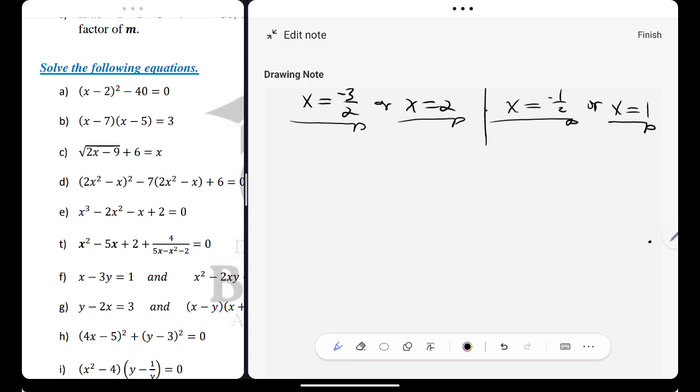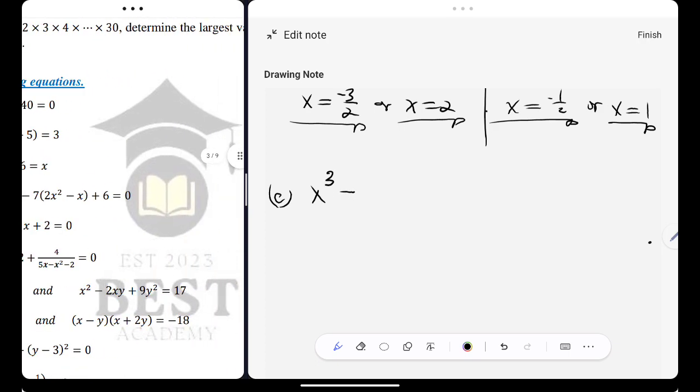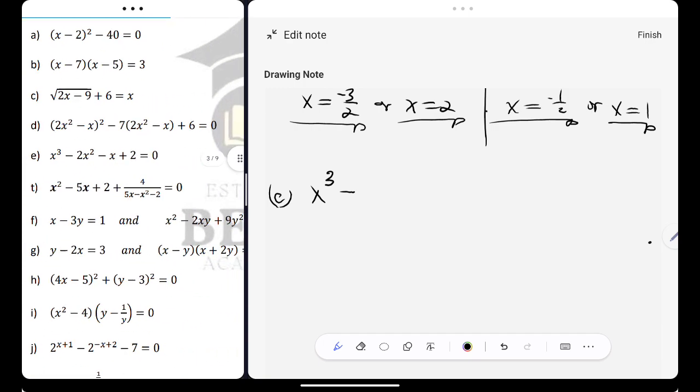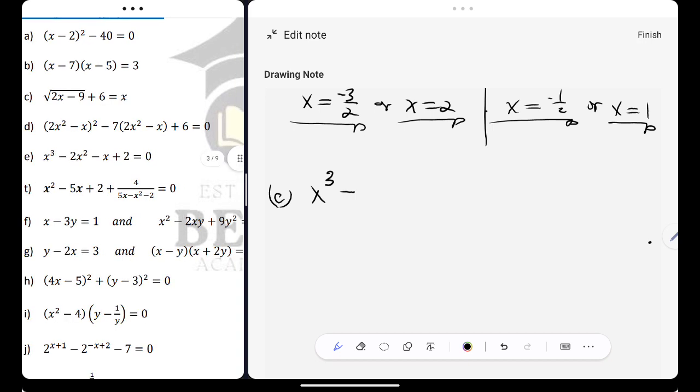Okay, for the fifth one, equal to 0. Here you just need to factorize by grouping.